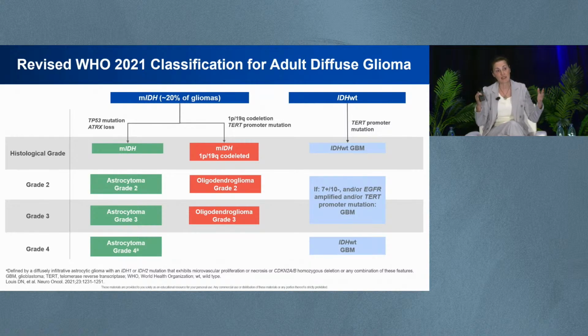As we discussed, we have IDH wild-type glioma, specifically glioblastoma, and IDH mutant glioma. And under this umbrella, depending on other molecular alterations, we have the astrocytomas and the oligodendrogliomas, and the diagnosis of oligodendroglioma, in addition to the IDH mutation, requires the 1p19q codeletion.